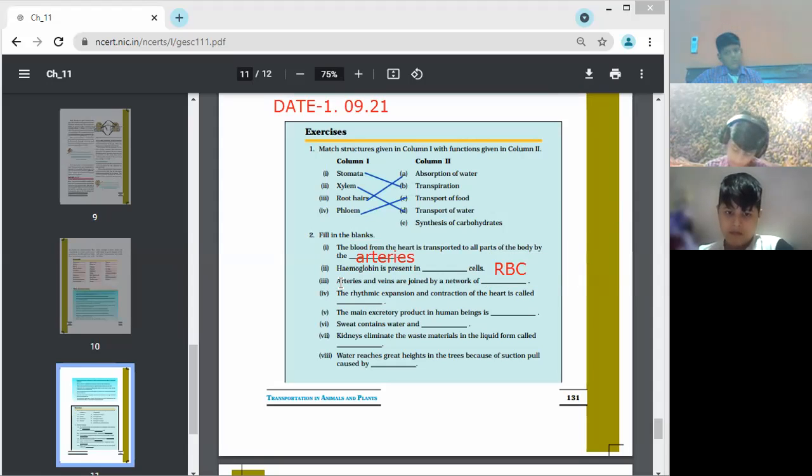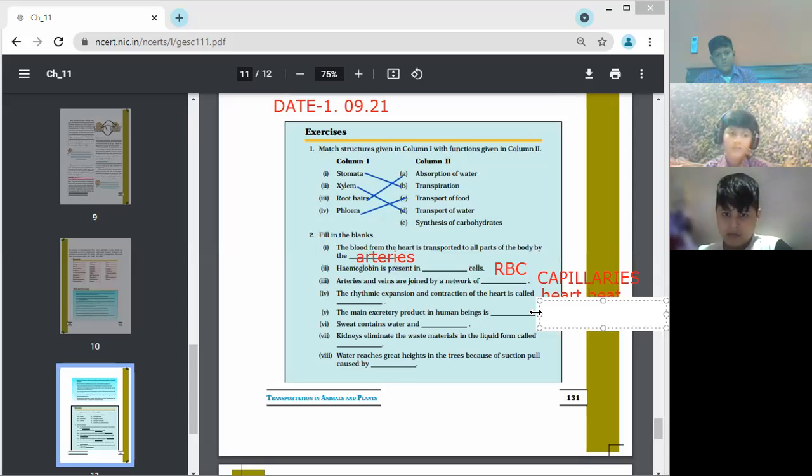Arteries and veins are joined by the network known as capillaries. Rhythmic expansion and contraction of the heart is known as heartbeat. Main excretory product in humans is urea.